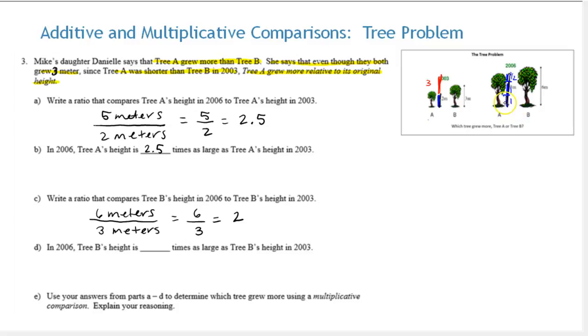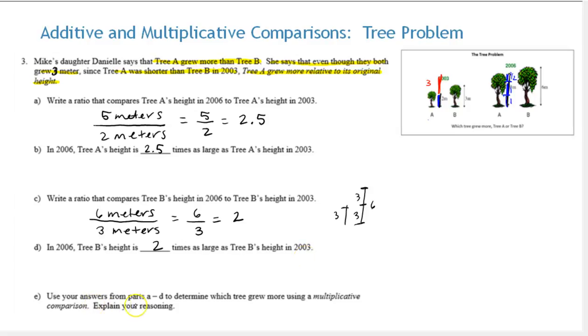Comparing them multiplicatively, let's just draw a little diagram. We started at 3 meters, and we had 6 meters in 2006. That is 2 copies of 3 meters. So the 2006 tree height is 2 times as large as the 2003 height. So in 2006, tree B's height is 2 times as large as tree B's height in 2003.